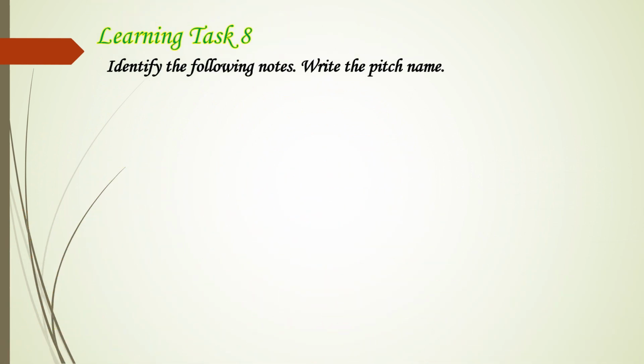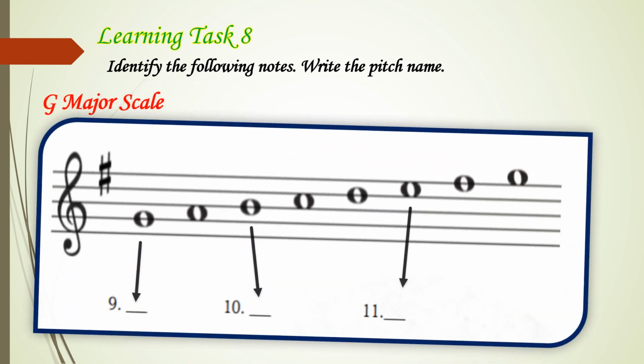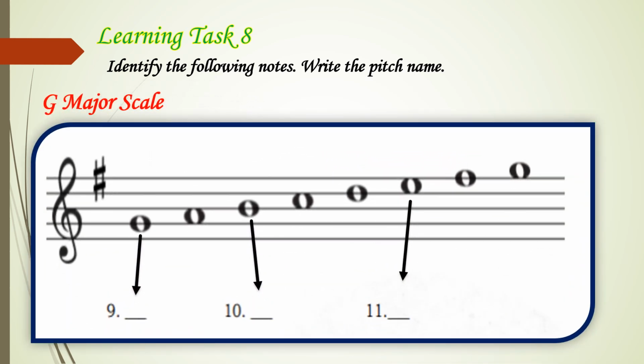Now, let us read the musical notation in the key of G major scale. You can pause this video when you're done answering it. And the answers are number 9, G, number 10, B, number 11, E. You're unique!